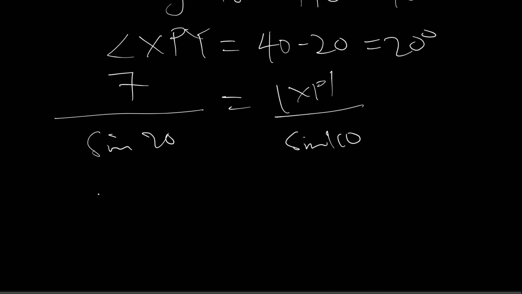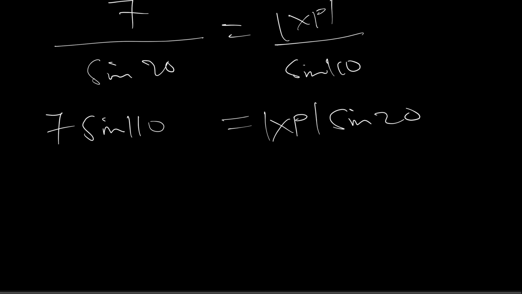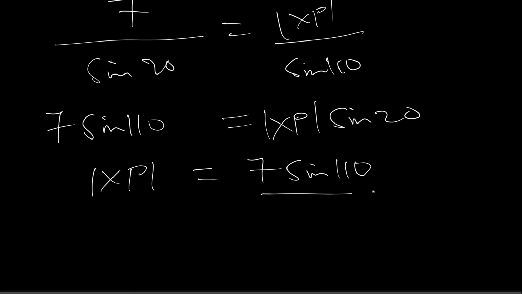Now when we cross multiply, we have 7 sine 110 is equal to XP sine 20. Now when we make XP the subject, we have XP is equal to 7 sine 110 divided by sine 20.